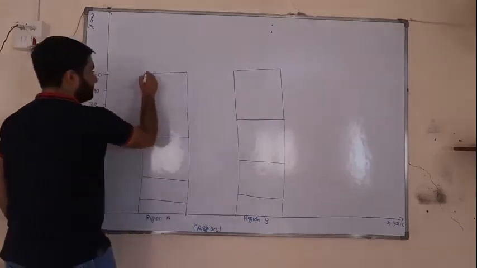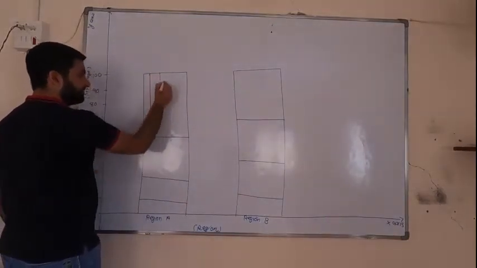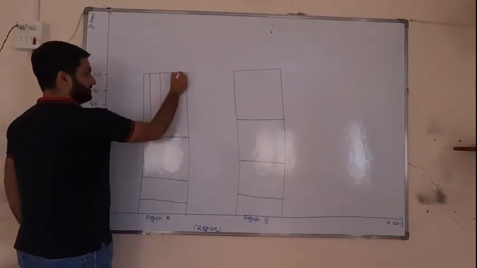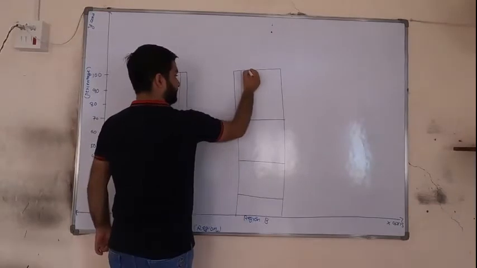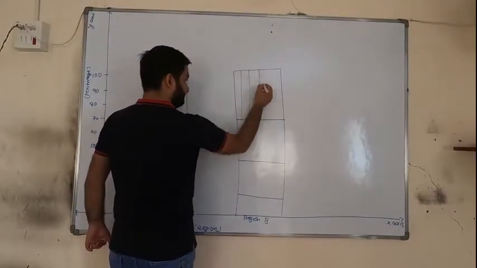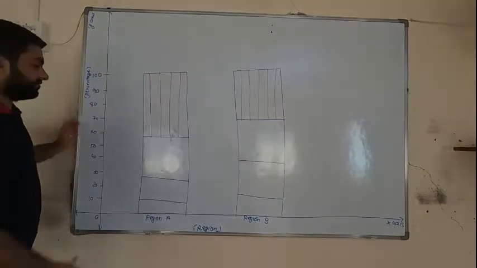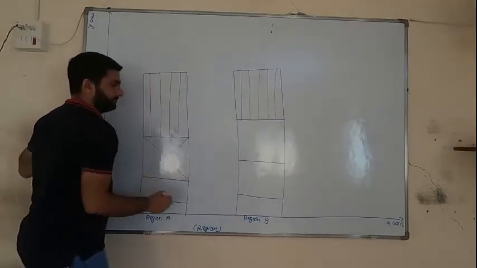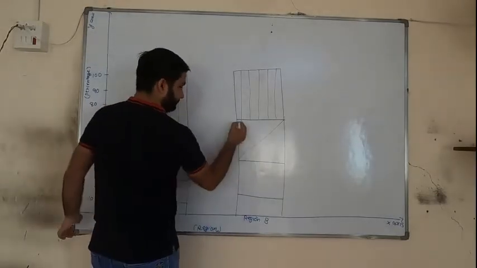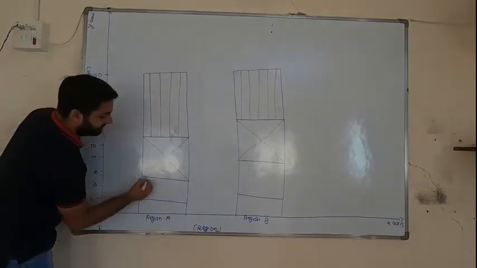For both, the first will be done by lines, not more lines, 4 to 5 lines as per the space. Here also it should be. Okay, the second thing should be a cross. Third one will be bubbles.